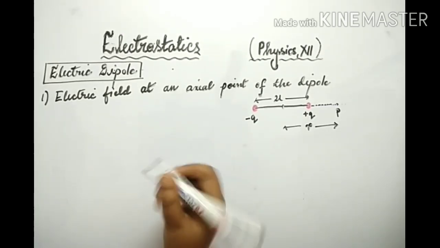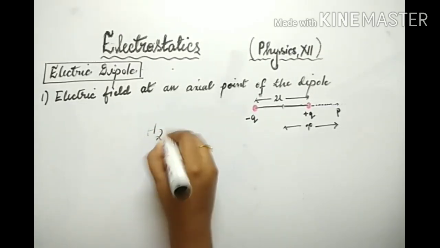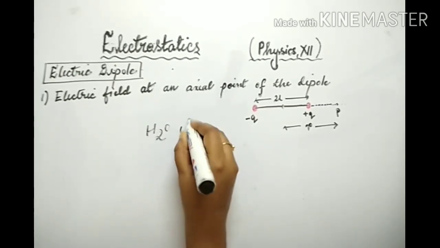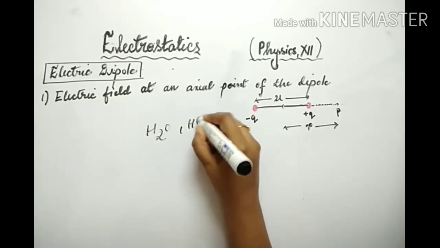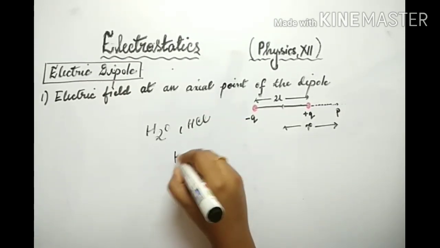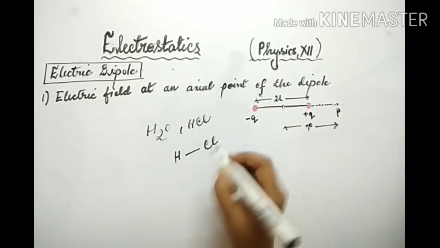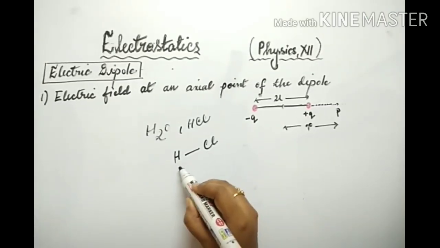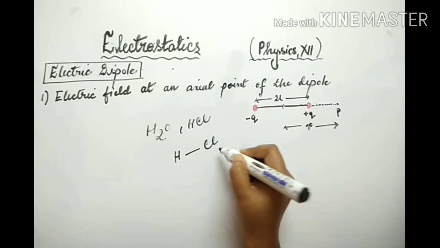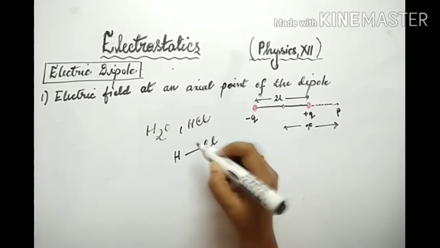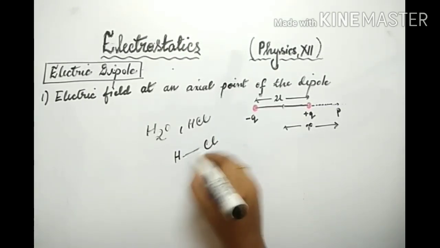Examples of electric dipole are H2O, HCl, etc. Why? Suppose you take HCl. H is a positive center and Cl is a negative center, and these two are separated.